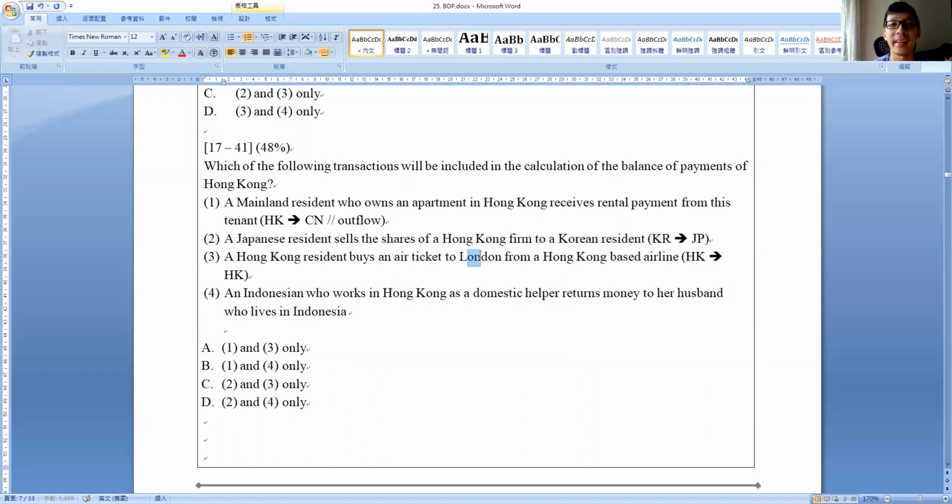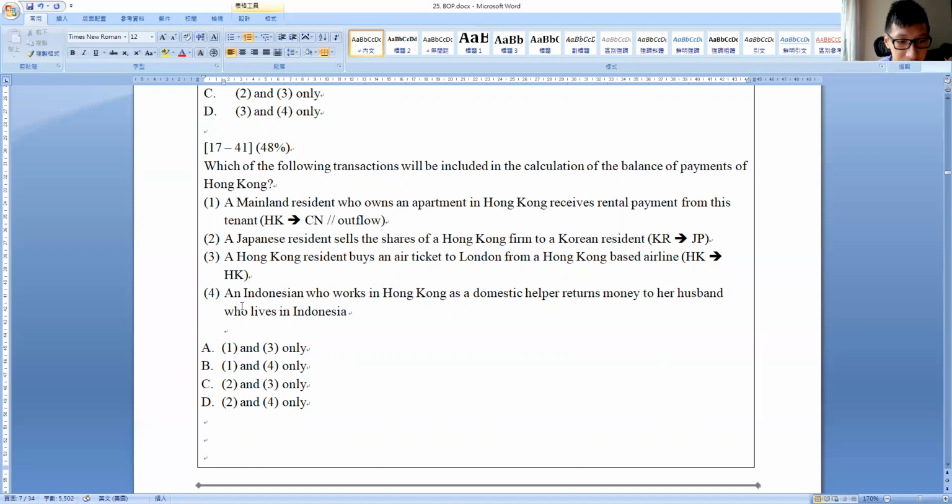Remember where the air ticket goes is not important. The important thing is where the money comes from and where it goes. Hong Kong to Hong Kong. Therefore, this is not going to affect our balance of payment as well. There is no outflow or inflow. This is a GDP item basically.